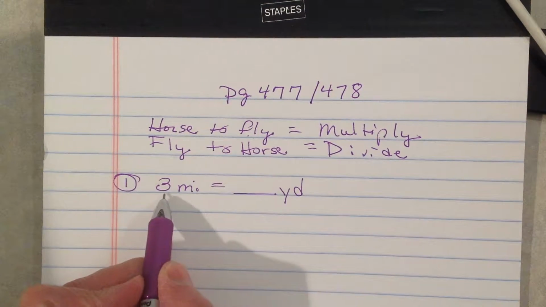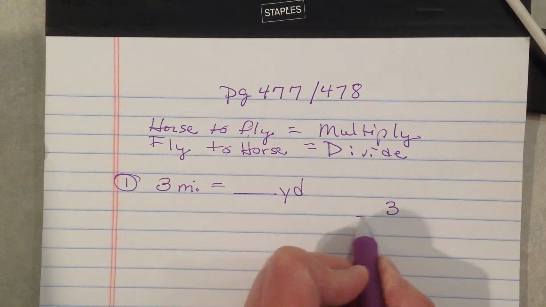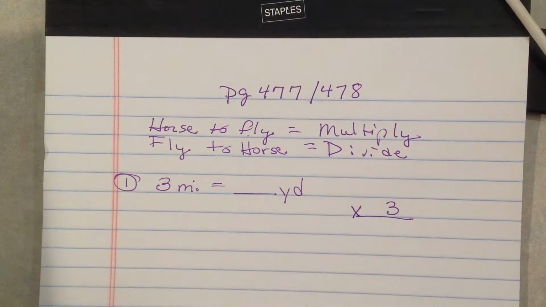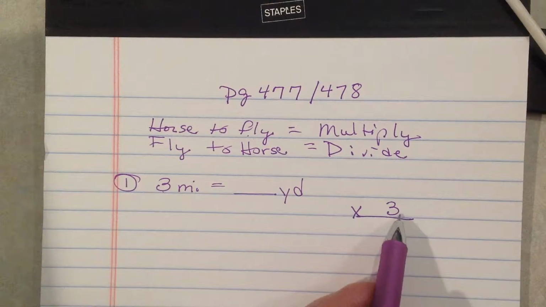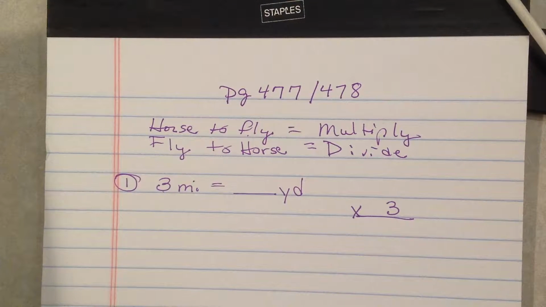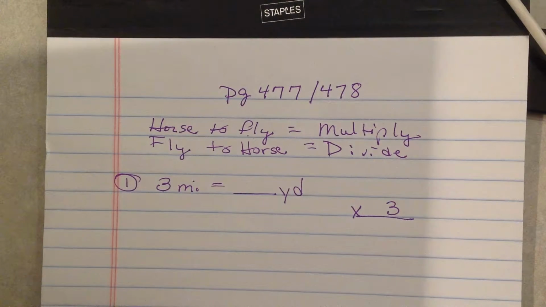We take the number they give us, 3, and make our multiplication problem. We don't know what we're multiplying by yet. We're going to have to check our star chart, but we know we're using 3 because it said 3 miles. Now we've got to find our star chart, and there is one in the back of your book, the very last page.